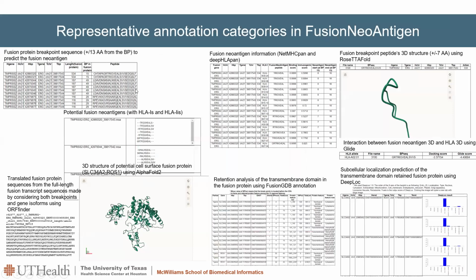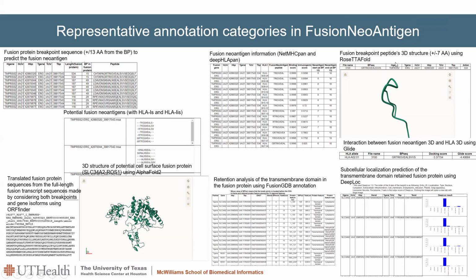If you visit our website, you can see diverse information. First, you can get the fusion protein breakpoint sequence, plus or minus 13 from the breakpoints. This is the multiple sequence alignment of the identified neoantigens at the same breakpoints. This is the fusion protein sequence, and this is the structure of the cell surface fusion protein. This is the result of the fusion neoantigen prediction by running NetMHCpan and DeepHLApan.